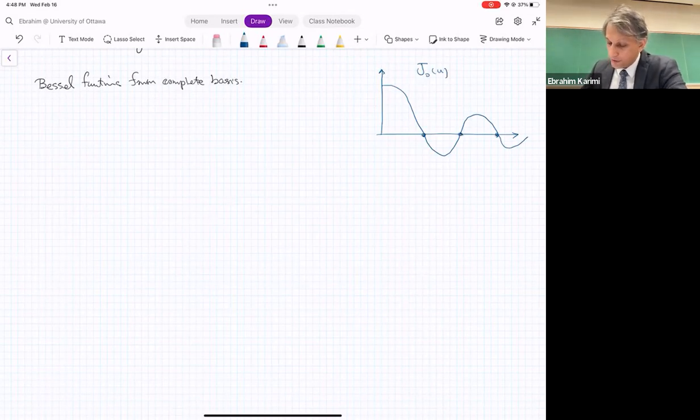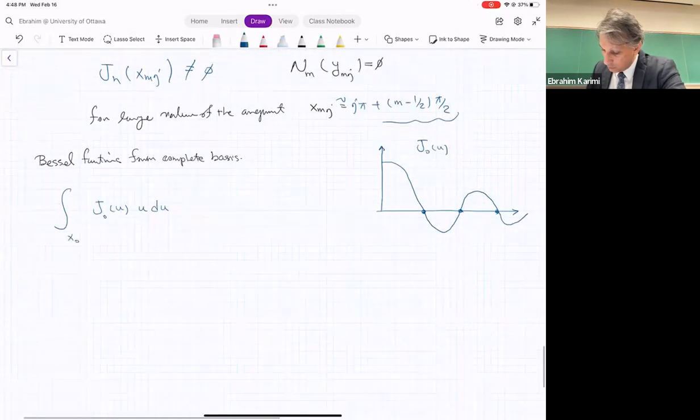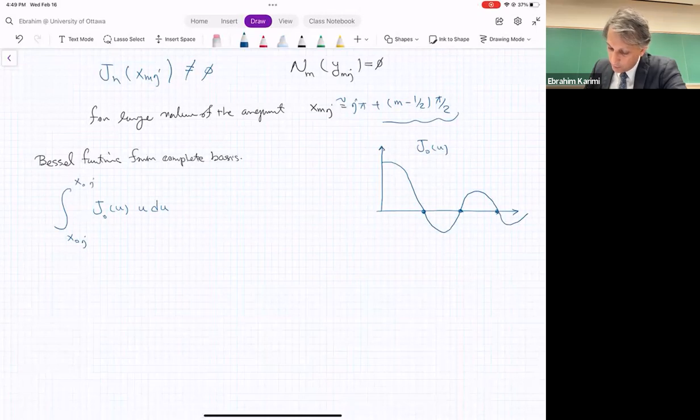The interesting property of the Bessel function is that the integral of J0 of u du from one of the zeros, which we call x0 of j, to x0 of j plus 1, square modulus, is a constant.